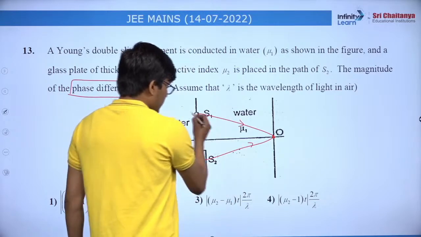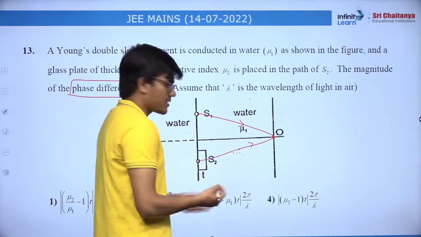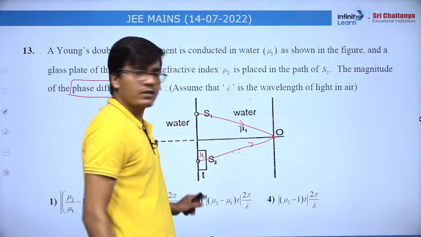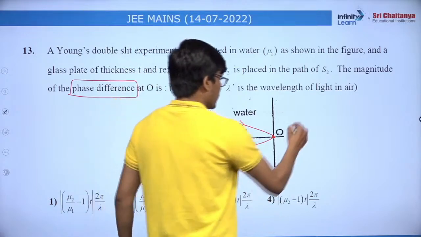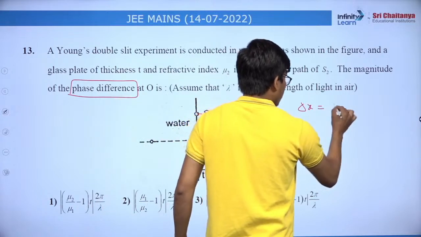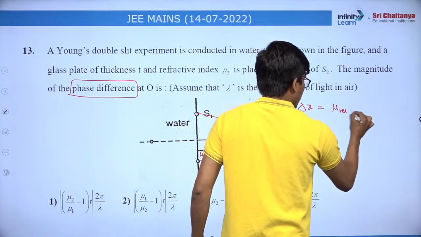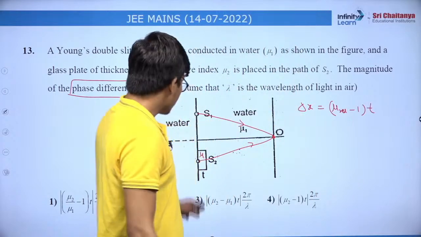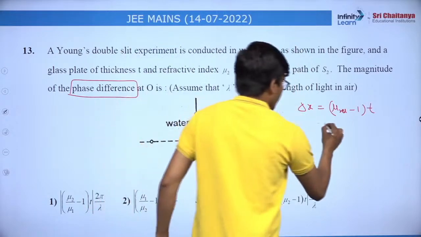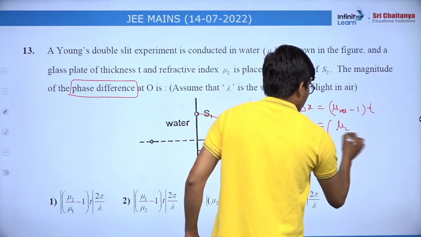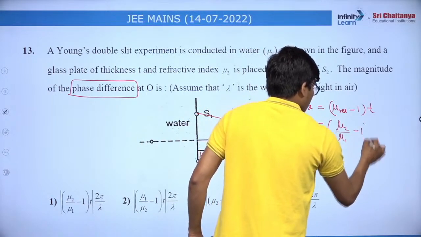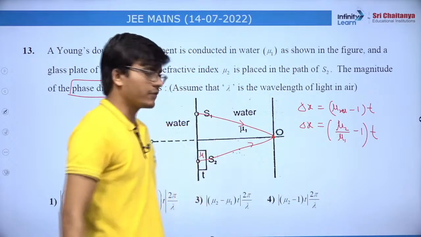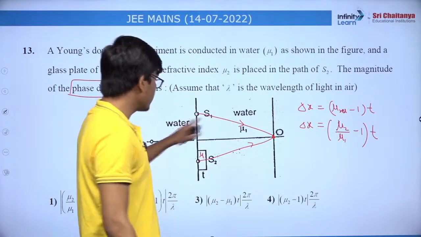You know that this distance could have been same, but if you place a slab of thickness T, there is additional path difference of (mu relative minus 1) into T, where T is the thickness of slab, right? So if mu2 is the refractive index of this slab and mu1 is the refractive index of the medium, which is water.